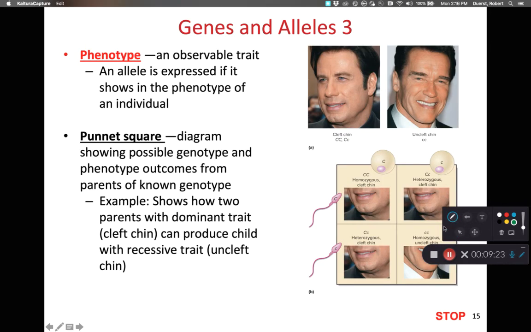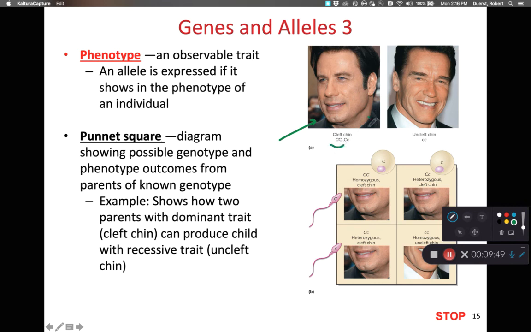Now, as we look at phenotypes, that's going to be whether or not the trait has been displayed. So genotypes are the genetics of the alleles that the individual inherited for a specific trait. Phenotype is if the trait is expressed. Usually, we're going to see the dominant phenotypes expressed. So cleft chin, here's a picture of John Travolta, he has a cleft chin.